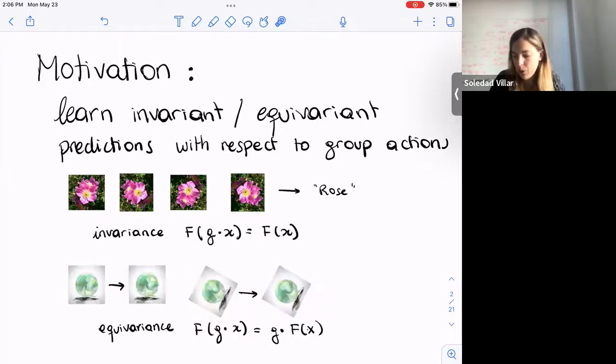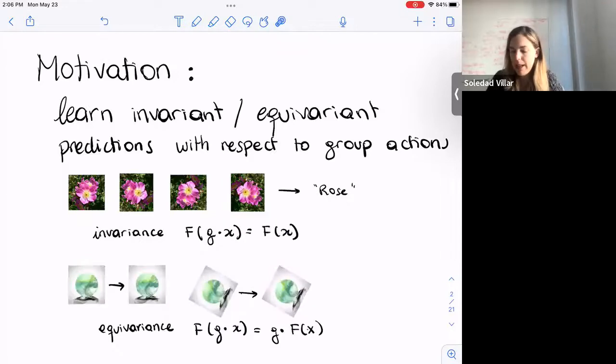So that's what I will call equivariance. I have a group acting on the input and the same group acting on the output. In this example, the group acts in the same way, but it could act in different ways. And I will say that a function is equivariant if f(g·x) = g·f(x) for all g in the group and all x in the data space.